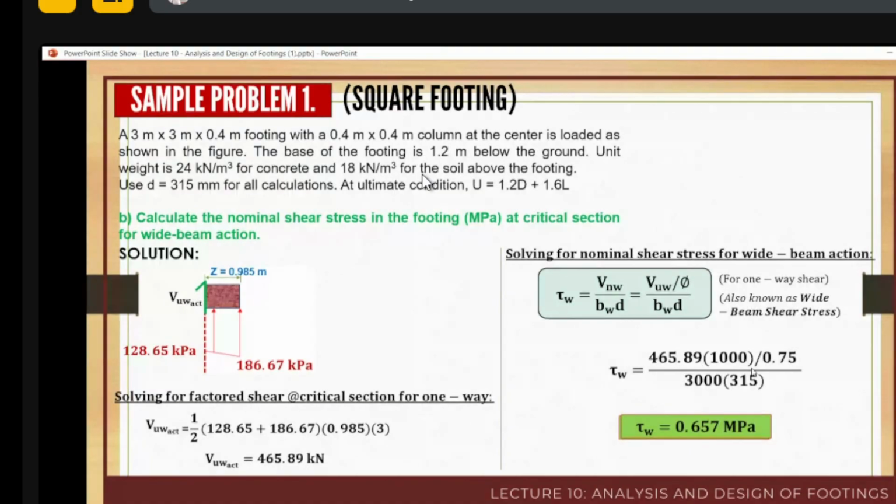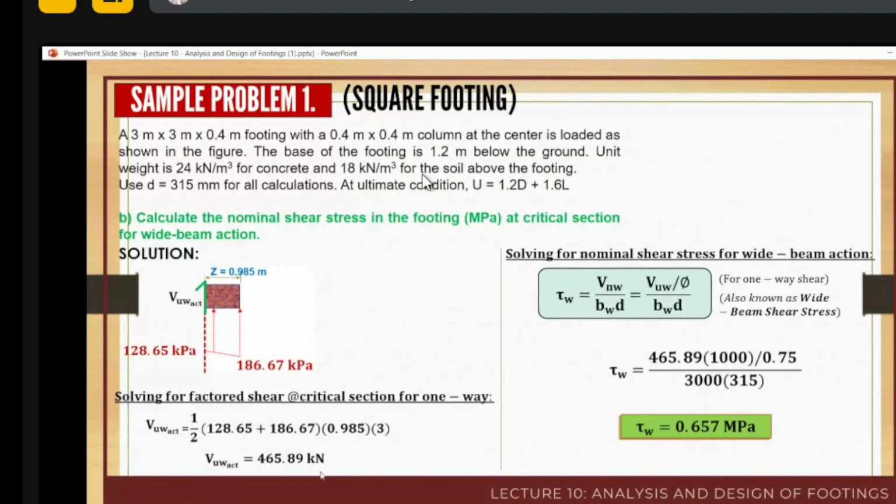Multiplied by 1,000, kay ang gigamit nga dimension is in mm. So, you multiply by 1,000, no?